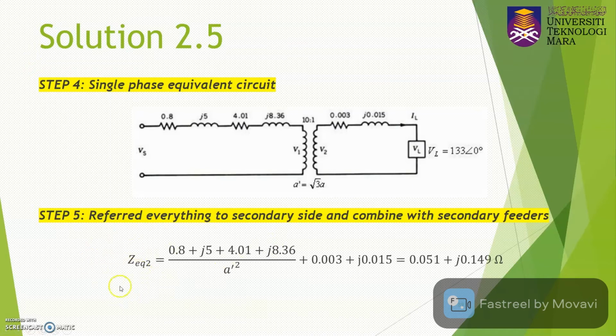So Z equivalent 2, meaning the Z equivalent that refers to the secondary side, will be equal to 0.8 plus J5 plus 4.01 plus J8.36, divided by A prime squared, where A prime is 10, plus these two values. Using your calculator, you get Z equivalent 2, meaning all the values referred to the secondary side, equal to 0.051 plus J0.149 ohm.